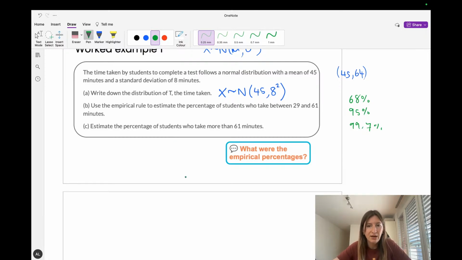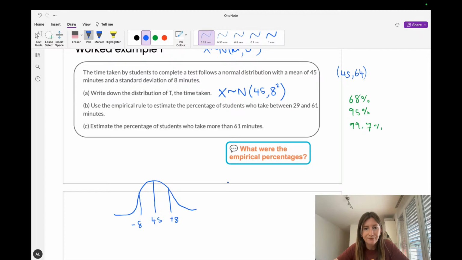All right, so if we're having a look at our diagram, let's draw it because like I said, it helps so much if you draw it and see what's happening. Our mean is at 45, right? One standard deviation, that's going to be plus 8 because our standard deviation is 8. Over here, it's going to be minus 8. So 45 plus 8, let's write that.